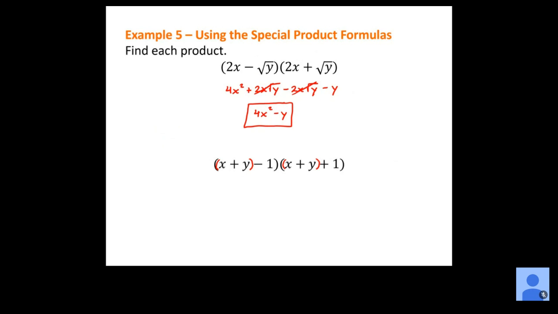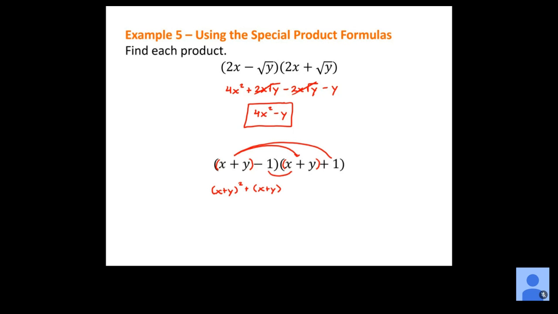And so really what we can do is think of this as a difference of squares now, where we're multiplying x plus y times x plus y to give us x plus y squared. Then when we do our outer term here, that's going to give us plus x plus y.